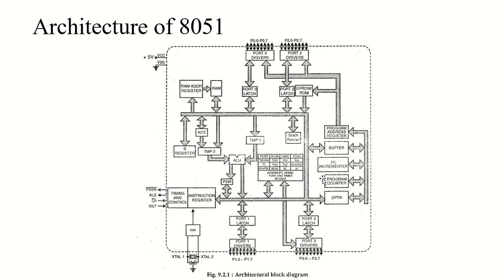And coming to internal addresses of different memory locations, let's talk about the data pointer. The data pointer is indicated by the letters DPTR just below the program counter here, as you can see. The data pointer is a 16-bit register which is used to hold the address of a byte in the memory.